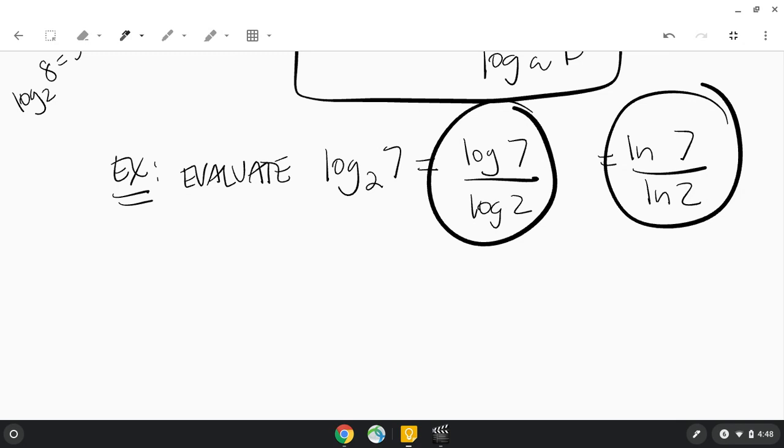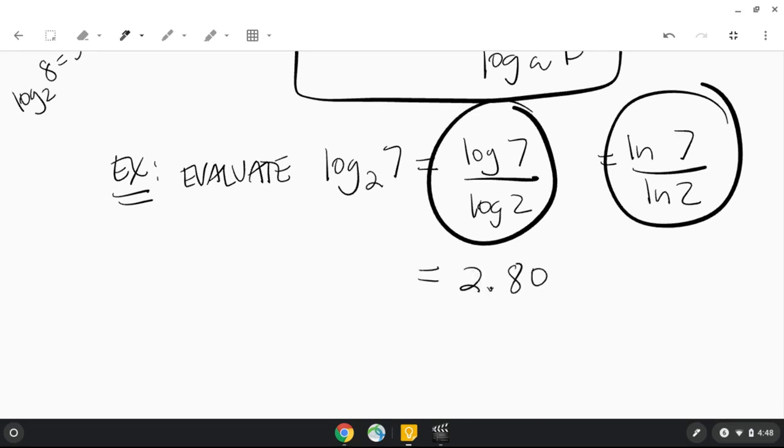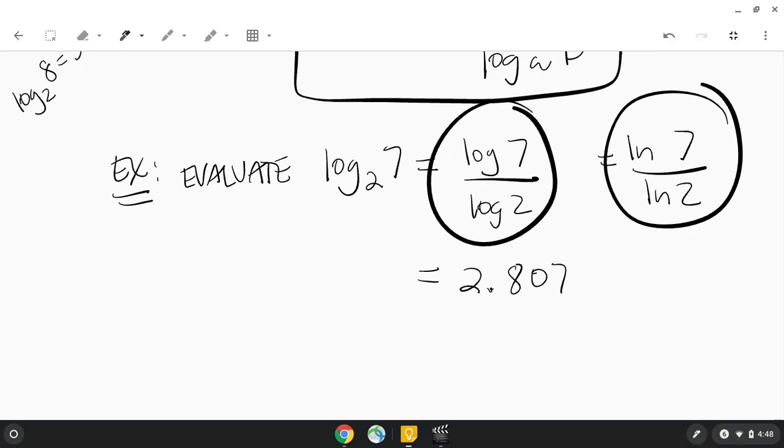And I get a number between 2 and 3, just like we expected. And we get 2.807. Okay. It goes on forever, but I like 3 decimal places. Okay, so that's how you evaluate logs that are not base 10 or e. And that's all you have on your calculator, base 10 and e.